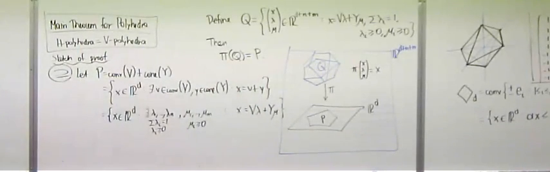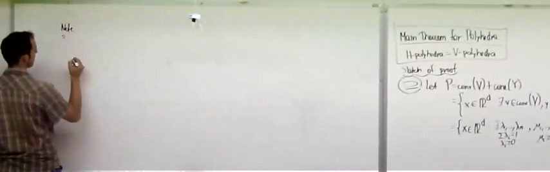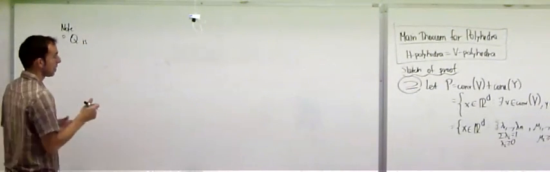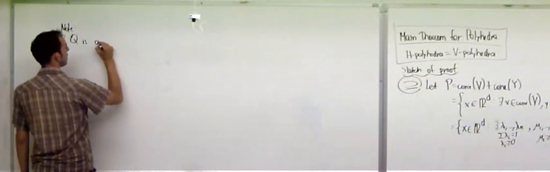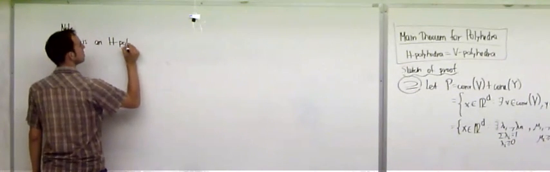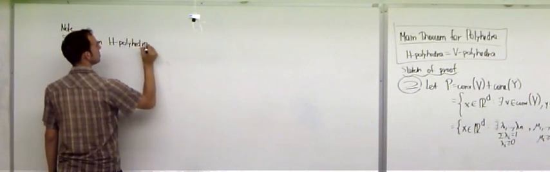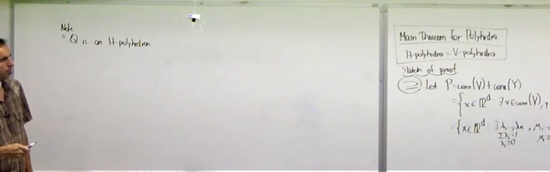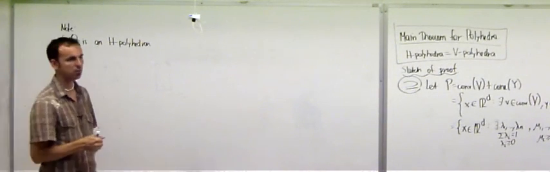So let me summarize what I've said so far. I'm defining some strange polytope Q. One thing that you should note is that Q is an H polyhedron. Why is Q an H polyhedron?